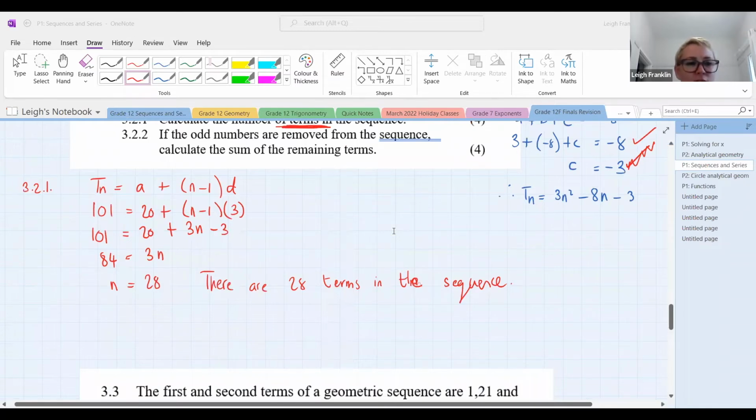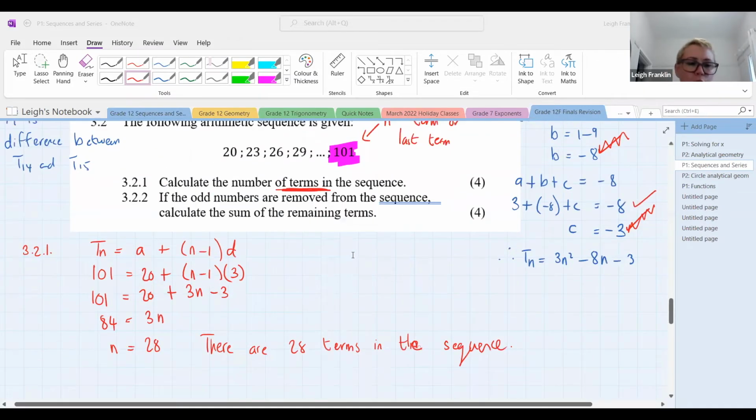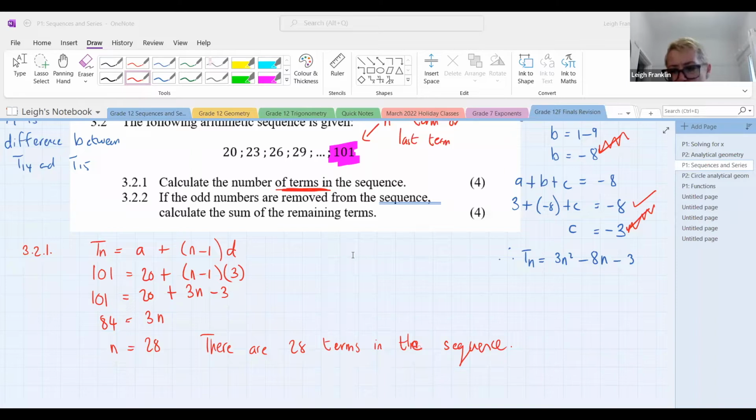All right, 3.2.2. If the odd numbers are removed from the sequence, calculate the sum of the remaining terms. What do you think we should do here, Matrix? Even if your suggestion is not correct, it doesn't matter. That's why we're all here. Nobody's judging you. What do you think you would do? If you look at the pattern, that's the thing with numbers, right?